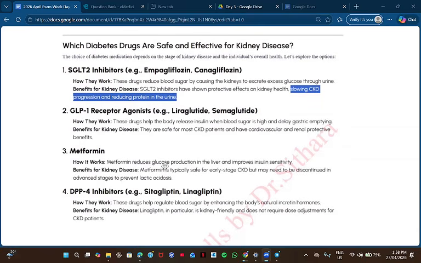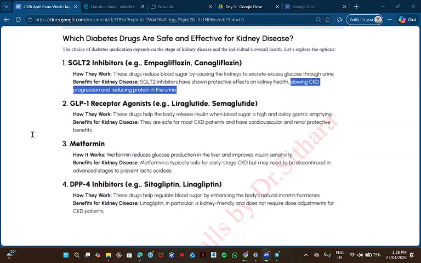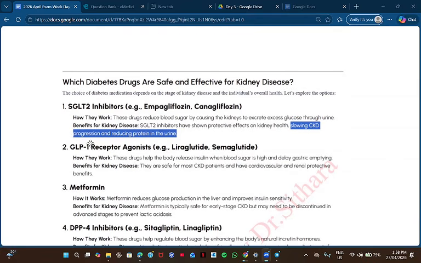What about semaglutide, a GLP-1 receptor agonist? They are safe for most CKD patients and have cardiovascular and renal protective benefits. They also have benefit, but there's a specific indication for SGLT2 inhibitors, reducing the protein in the urine.